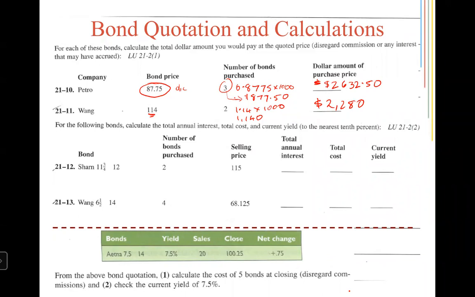Now, next one, they say for the following bonds, calculate the total annual interest, the total cost, and the current yield. So this here is the first one.